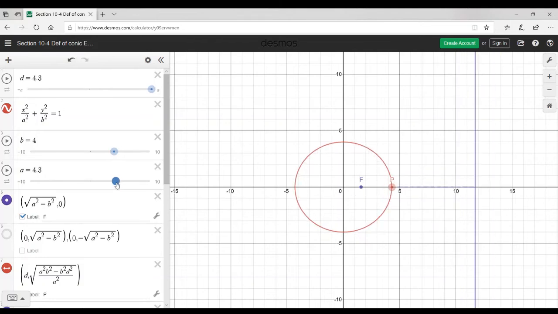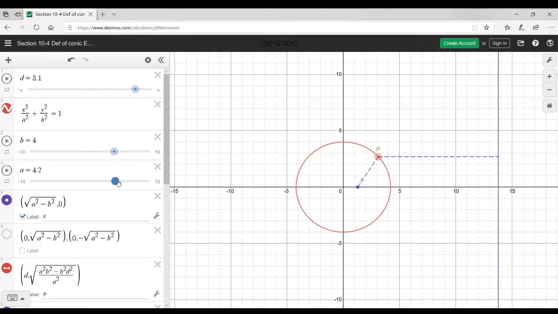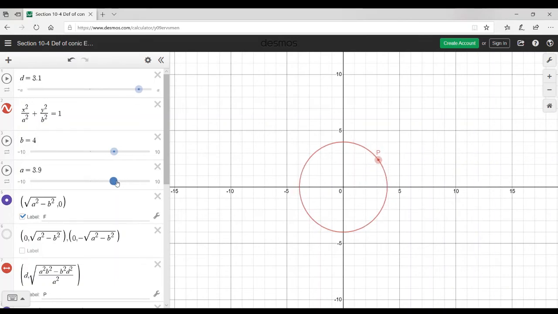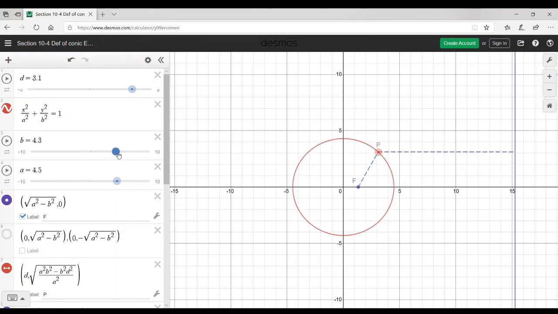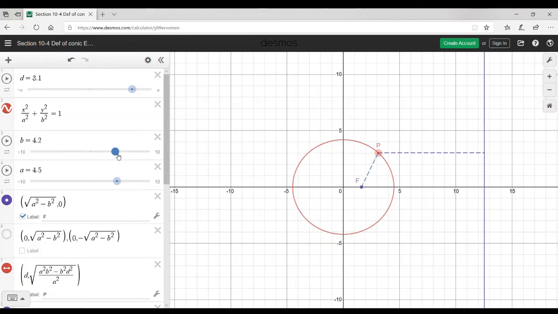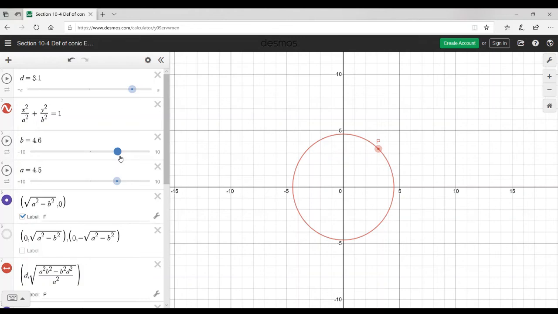Let me move my point up a little higher here. If I make the ellipse more and more circular, notice the directrix goes further and further out.